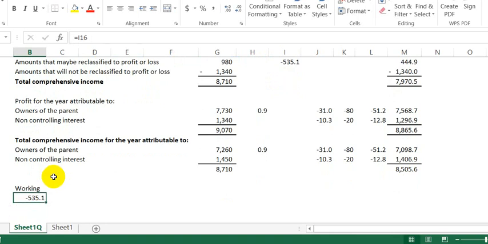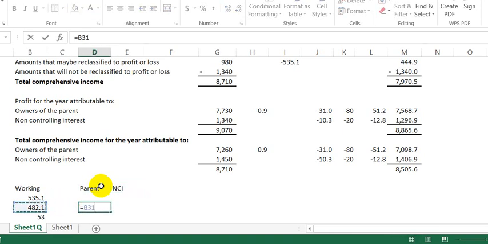So we have 535.1, goodwill 53. Then we put parent and NCI. Parent we've said is 90%. NCI 10%.